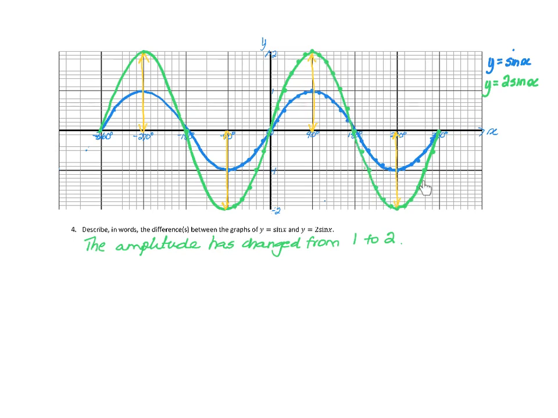There's another wave, 360, which is the same as the blue graph, which is y equal to sine x. The roots of the two graphs are the same. The roots are where the graph crosses the x-axis. Here they go across together, together, and together again.